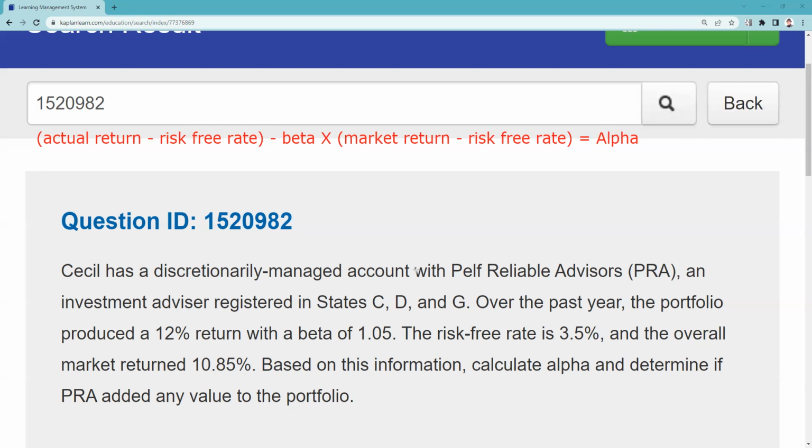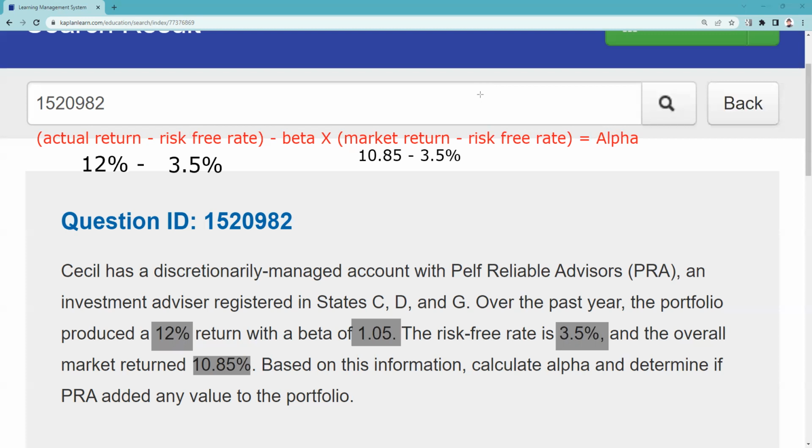Okay, so let's go through now and get these numbers going. So there's our actual return of 12%. The risk-free rate of return is 3.5%. So we got that part in there. Market return was not 12. Remember, there's our beta. There's our market return.